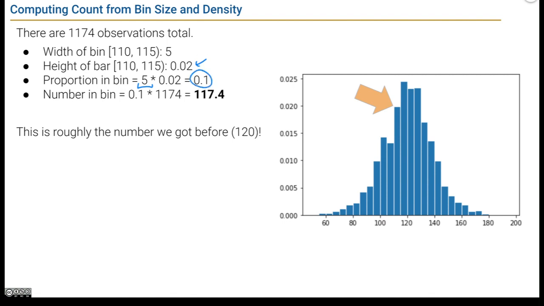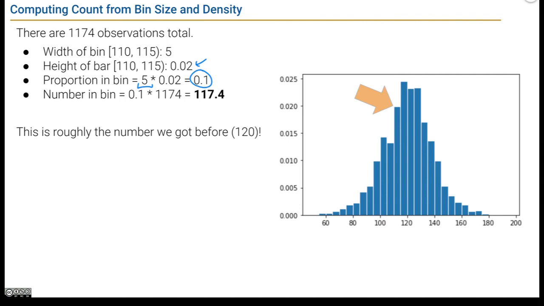So I know that that bin is representing 10% of the overall data points. And I know I have 1,174 data points. That means we would expect the number of babies' weights that fell in that bin to be around 117, which corresponds to what we started with looking at the plot. So this is just a gut check to help you get more intuition about how we convert from frequency histograms to density histograms.